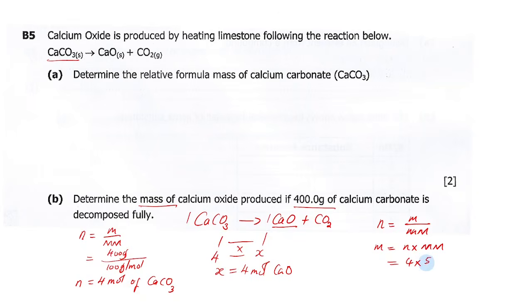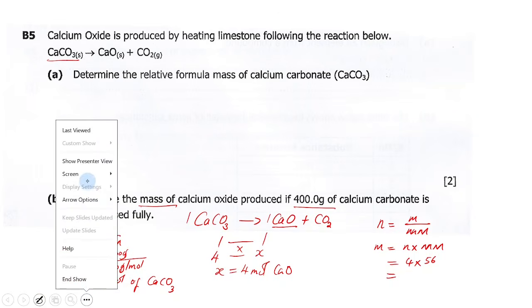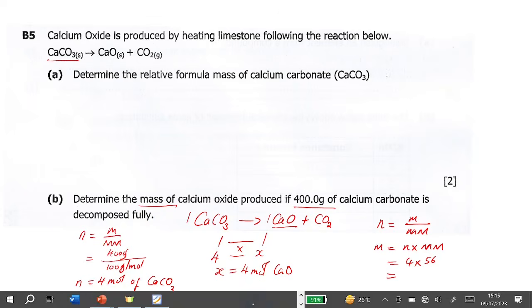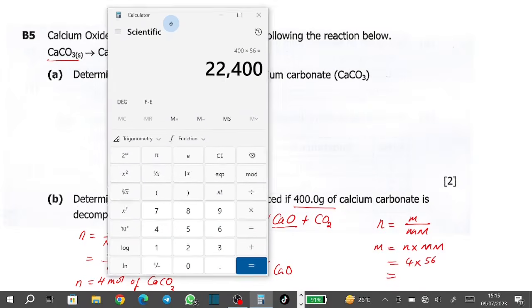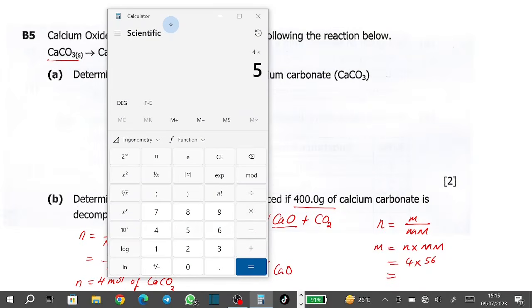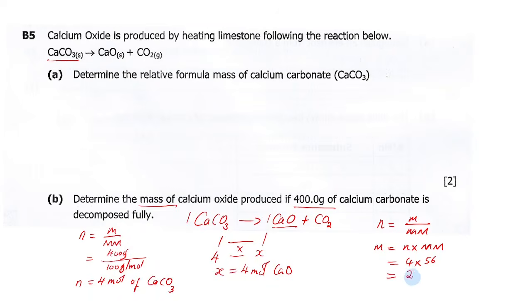So you multiply 4 times 56. Let's get our calculator very quickly. 4 times 56, we are going to get 224. The same answer that we found, 224 grams. So you see, this is how it is found.